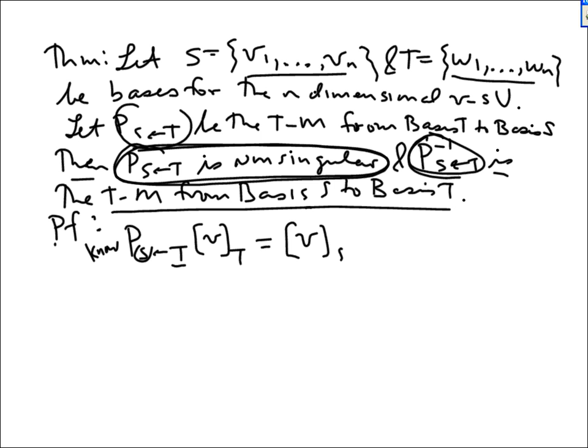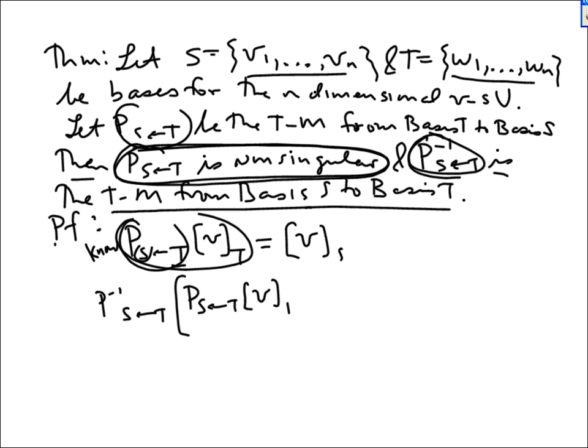So now I'm going to multiply both sides by the inverse of this matrix, since we now know it exists. P inverse S from T times this is equal to multiplying the left side by P inverse times V sub S.